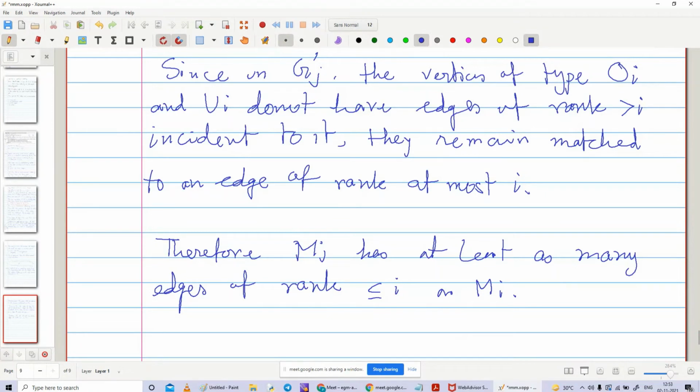Can anyone tell me how this claim is true? So from here we can claim that Mj has at least as many edges of rank less than or equal to i as Mi. Can anyone tell me why it is true?